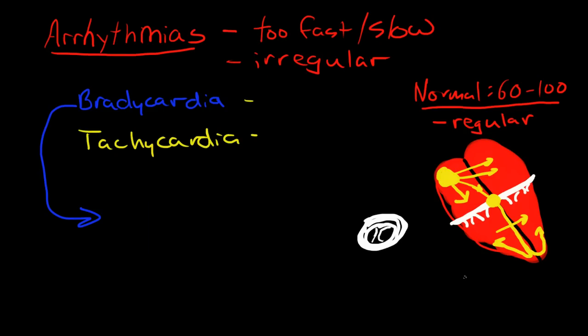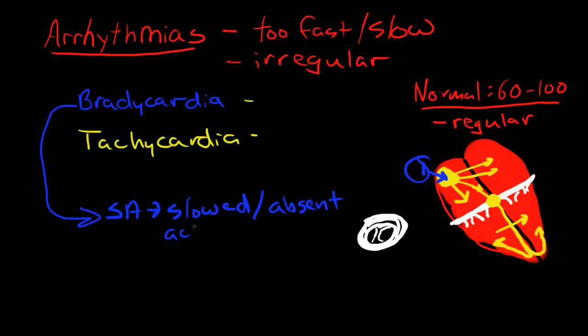So there are two things that can cause bradycardia. Number one is the SA node is either slowed or it's not generating action potential at all, so absent action potential.